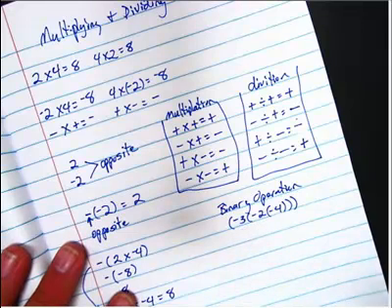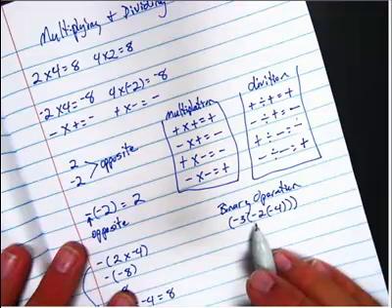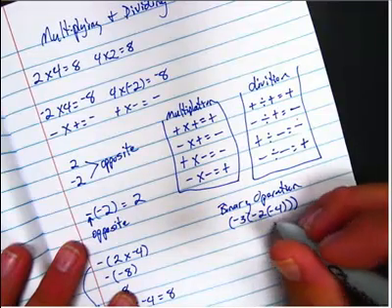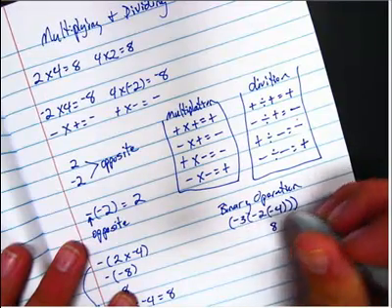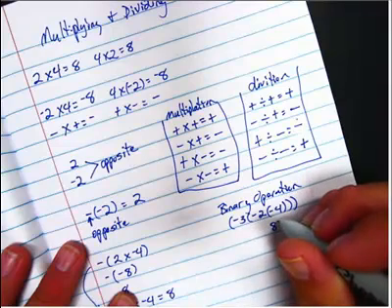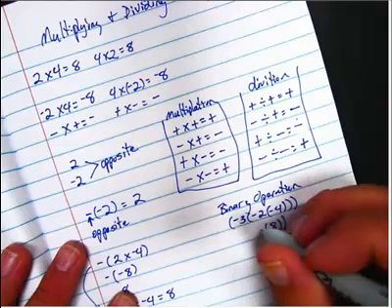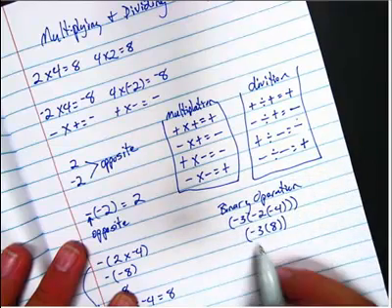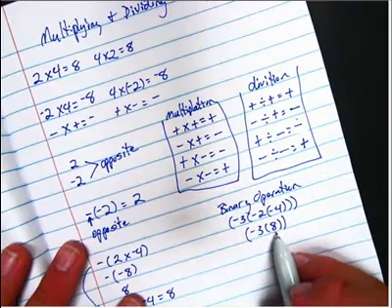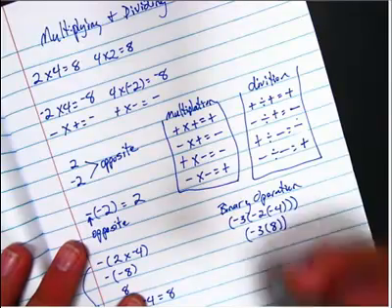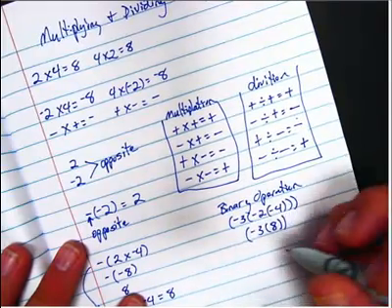Now, we know that negative 4 times negative 2 gives us a positive 8. So positive 8 times negative 3. Negative 3 times positive 8 gives us an answer of negative 24.